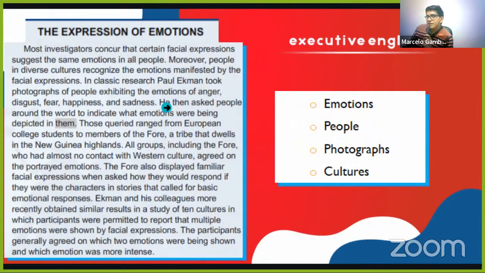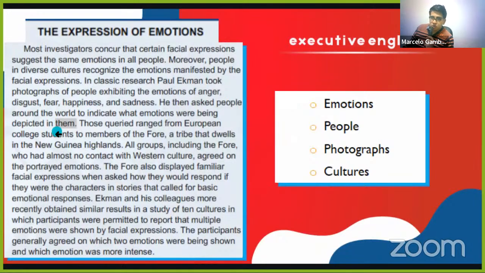So he asked people around the world to indicate what emotions were being depicted in them. Okay, let's read from here. In classic research, Paul Ekman took photographs of people exhibiting emotions of anger, disgust, fear, happiness, and sadness. He then asked people around the world to indicate what emotions were being depicted.